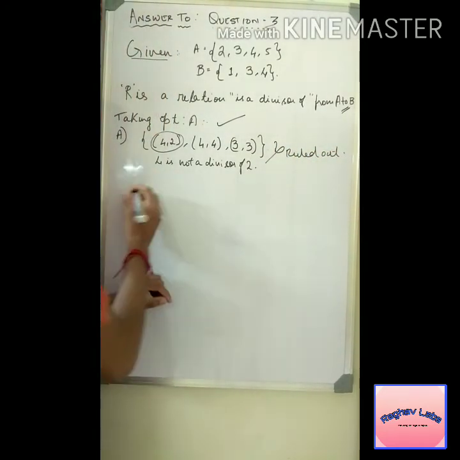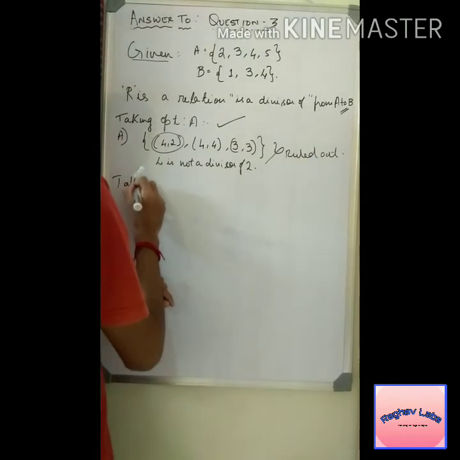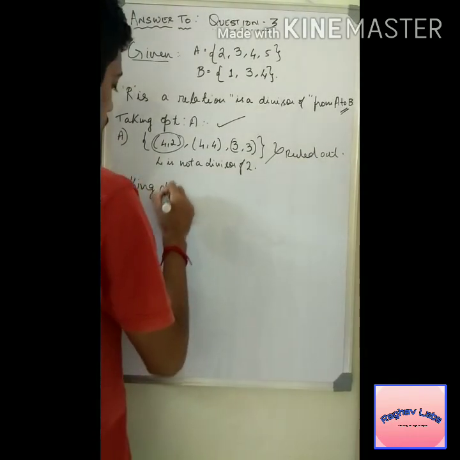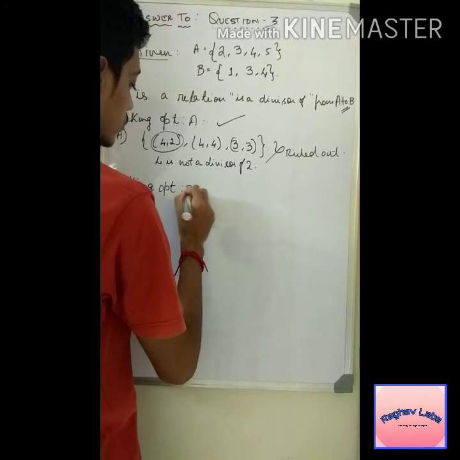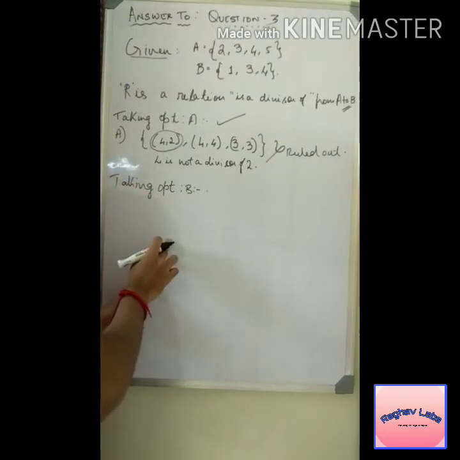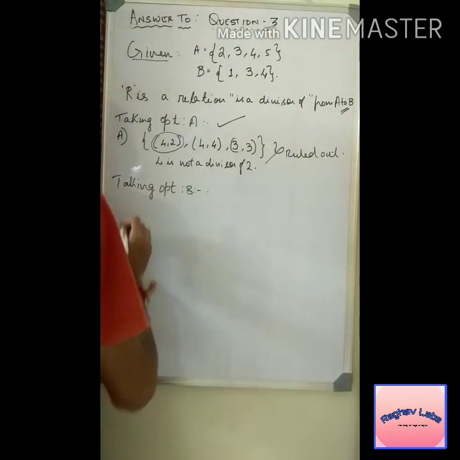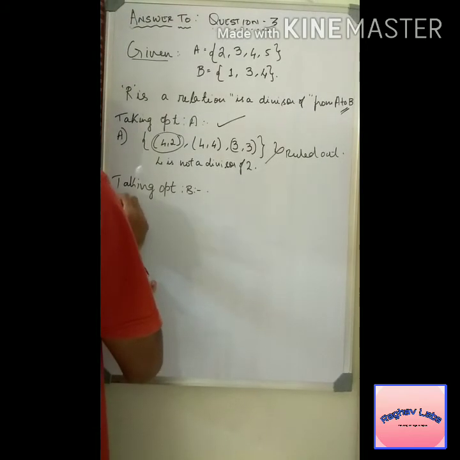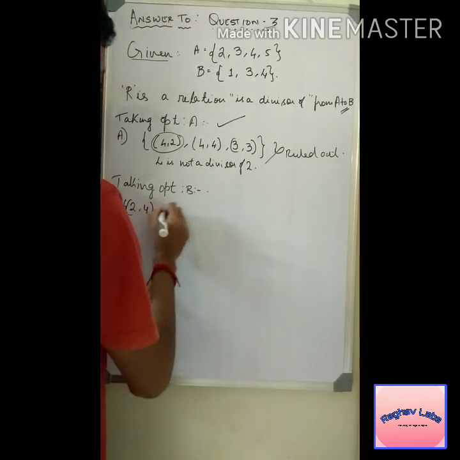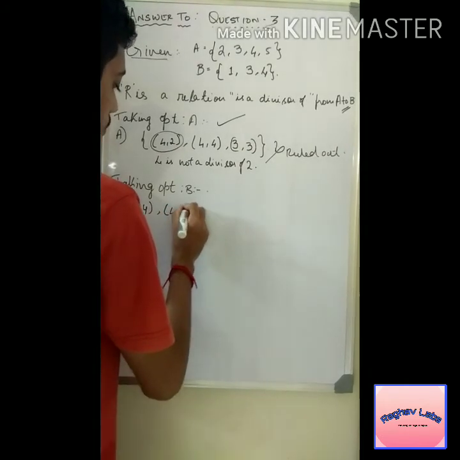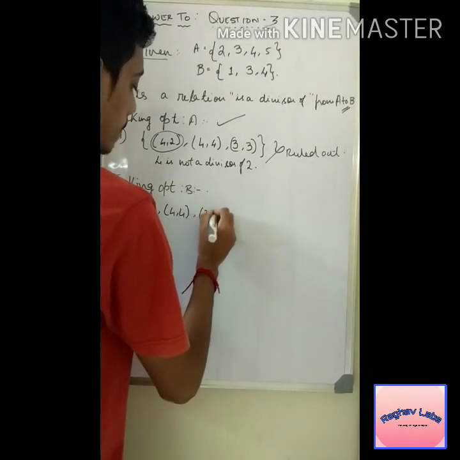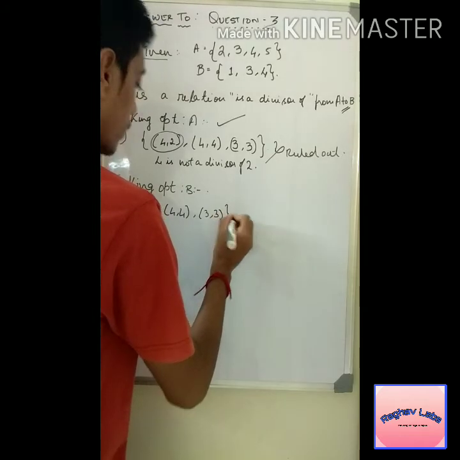So next, taking option B. Option B is given as 2 comma 4, 4 comma 4 and 3 comma 3.